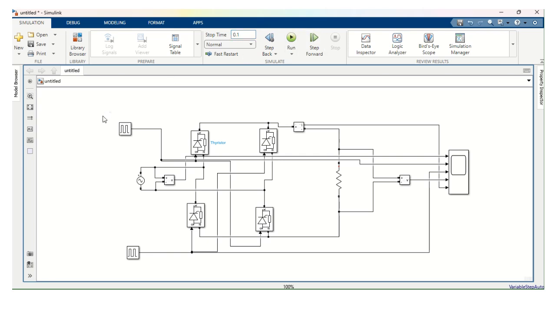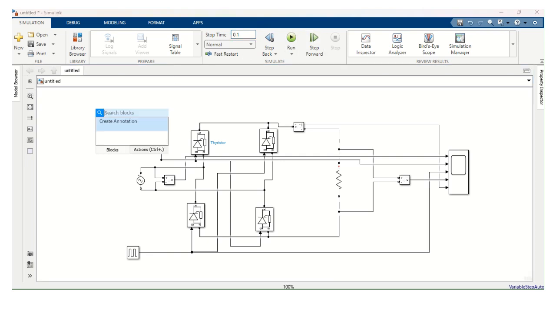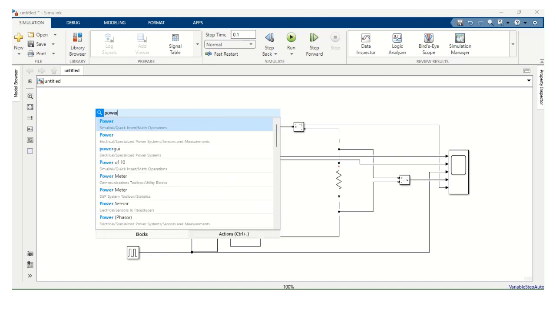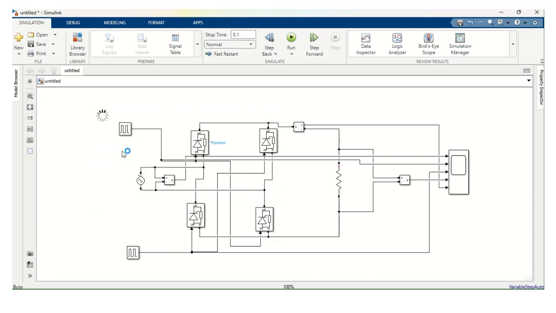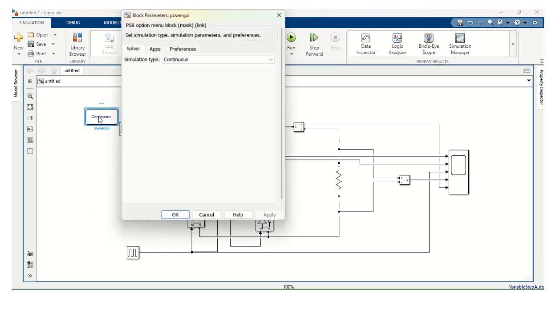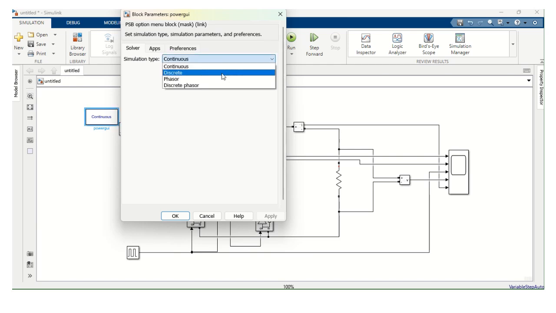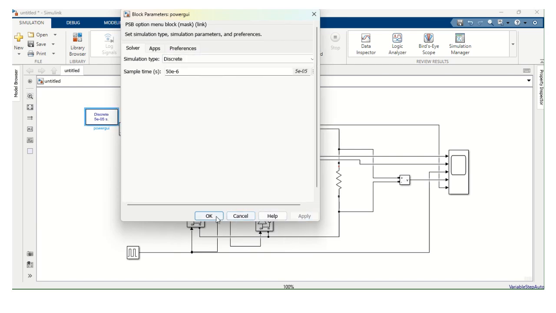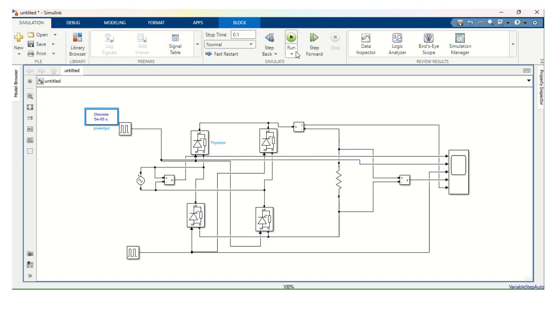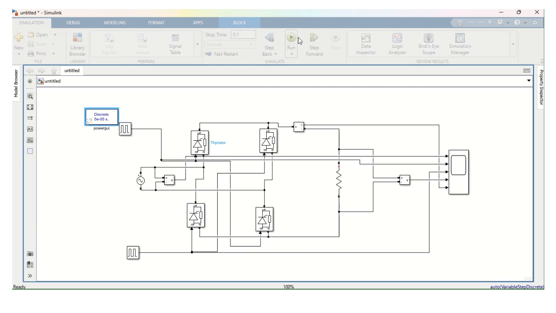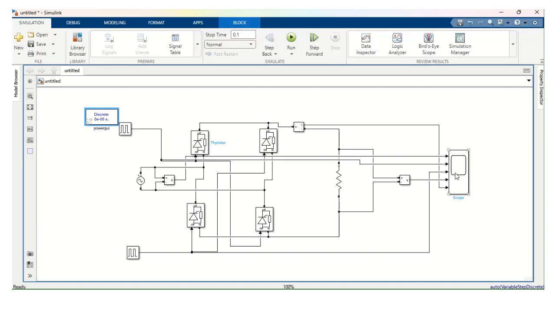Then we missed powergui. So double click powergui and make it as discrete. Apply. OK. Now let's run the simulation. And let's observe the readings.